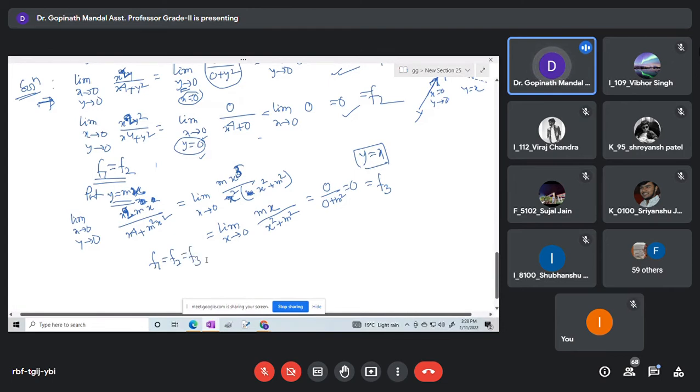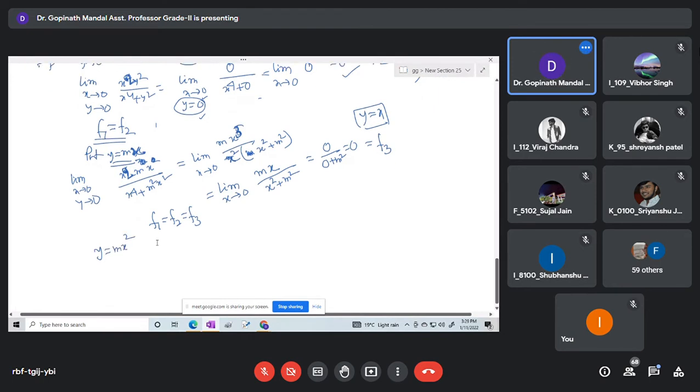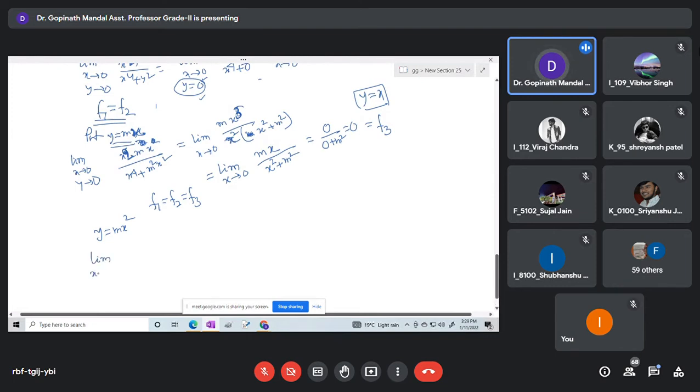Now put y equal to mx squared. In that case, limit x tends to 0, y tends to 0 by the line y equal to mx. So x squared y, this will be limit x tends to 0, x squared mx squared over x to the power 4 plus m squared x to the power 4.